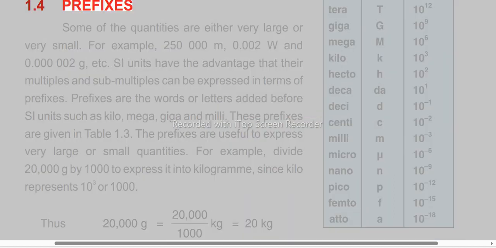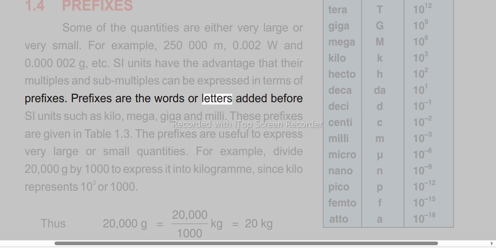1.4 Prefixes. Some of the quantities are either very large or very small. For example, 250,000 m, 0.002 W, and 0.000002 g, etc. SI units have the advantage that their multiples and submultiples can be expressed in terms of prefixes.